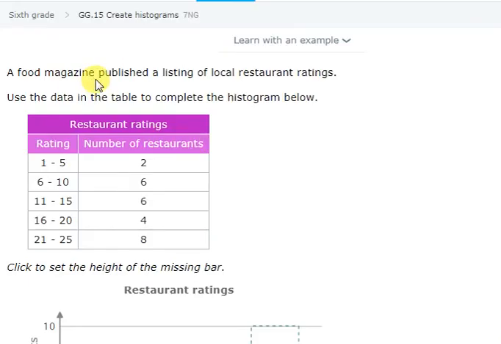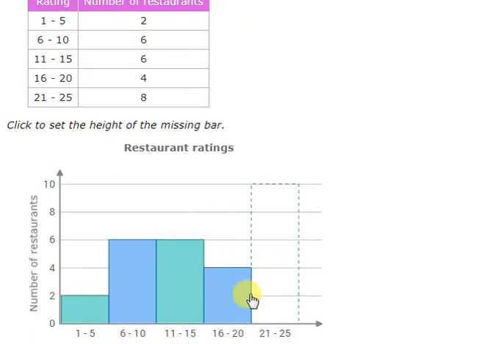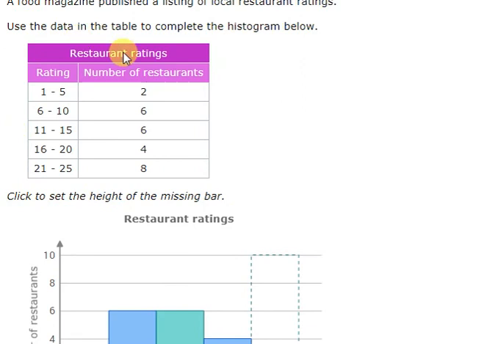A food magazine published a listing of local restaurant ratings. Use the data in the table to complete the histogram. So here you have a histogram and one bar is missing that you have to fill by looking at this data. In this data we have ranges, bins with their frequencies, right? So there are 2 restaurants in the 1 to 5 rating.